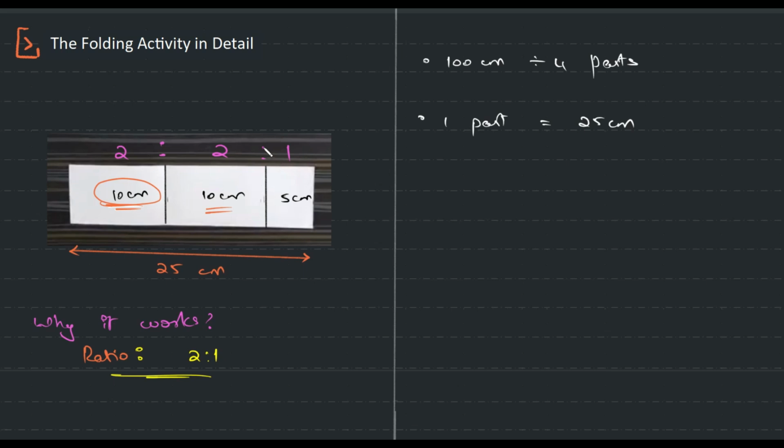Why this works, we will explain in the ratio topic whenever it comes, and we'll be able to explain it better over there. If you already understand the ratios, then it's in the ratio of 2:1. If you understand this statement, good. If not, it's okay.